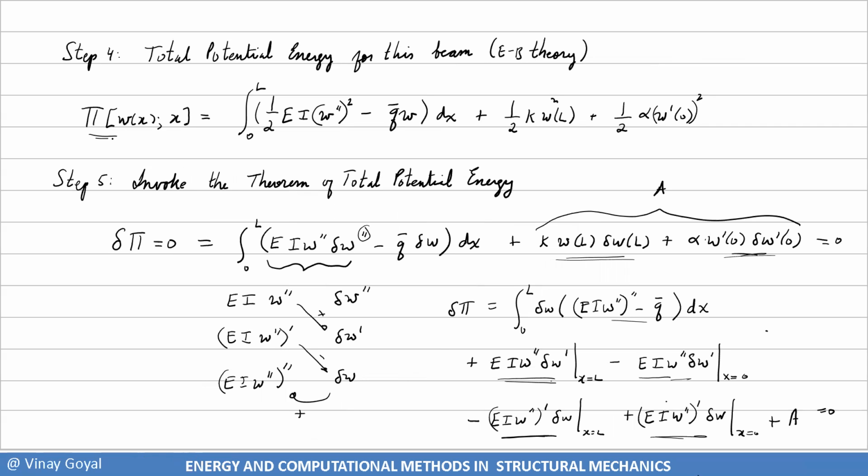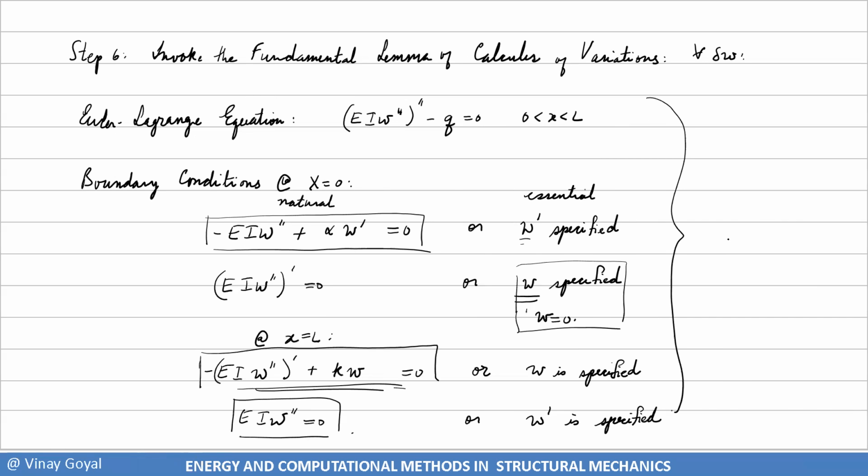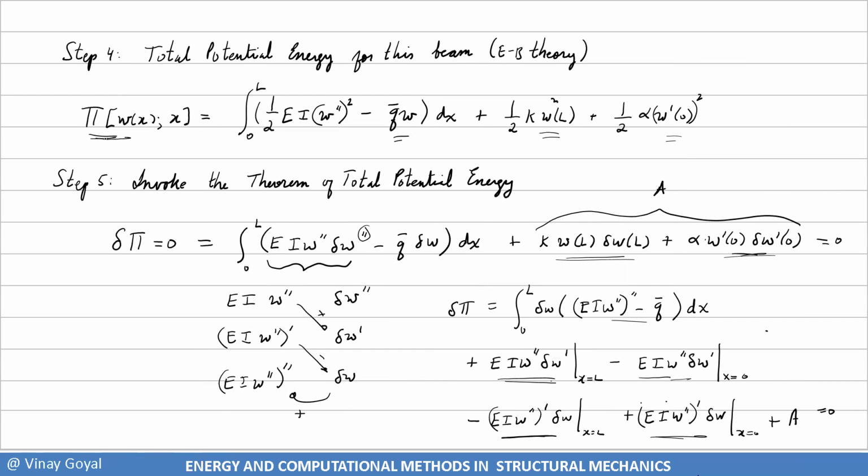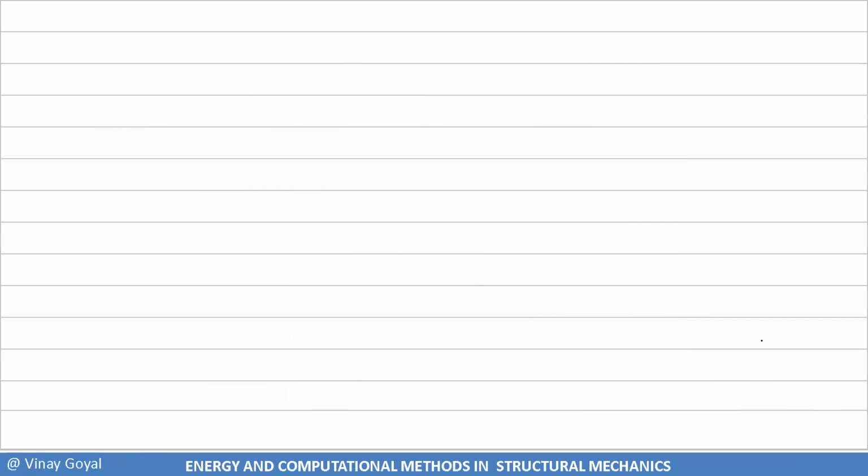Meaning, when you apply these loads here with these types of springs and torsion springs, the beam is going to deform. That deformation you will find by solving these equations. And when you solve these equations, that w that comes out of here is the one that minimizes pi and is also the one that renders the system in equilibrium.